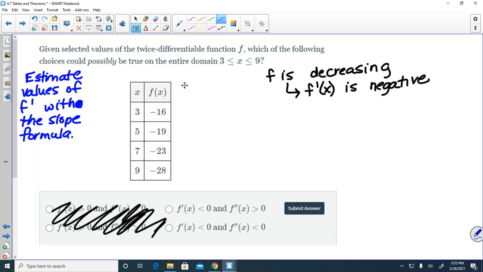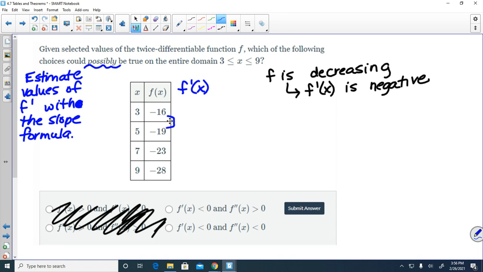Okay, so I'm estimating values of f prime. Let me just make another chart. Because I only have random points of f of x, I don't know if this is exactly what happens, but this is why we have "could possibly be true." If you don't have any other information, we can use the slope formula. So let me find the slope between these two points.